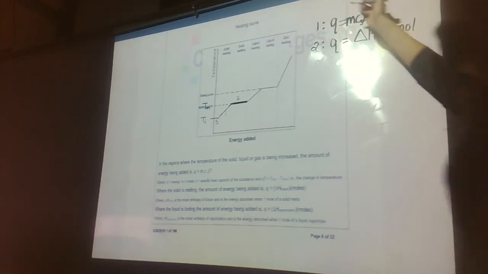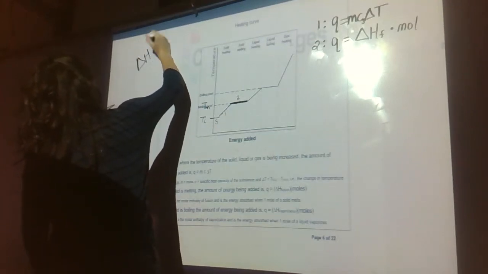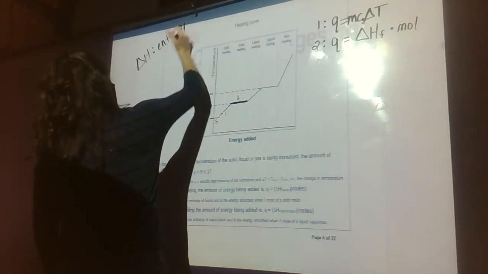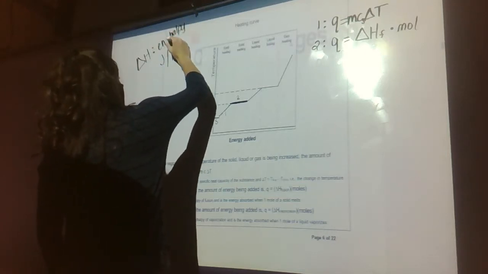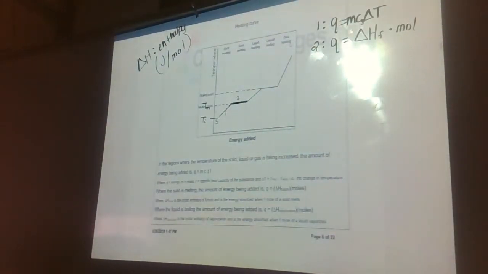And this delta H, let's make a note of this somewhere else, is called enthalpy. We'll talk more about that tomorrow. But it's energy added per mole of substance, joules per mole. This is a special enthalpy.